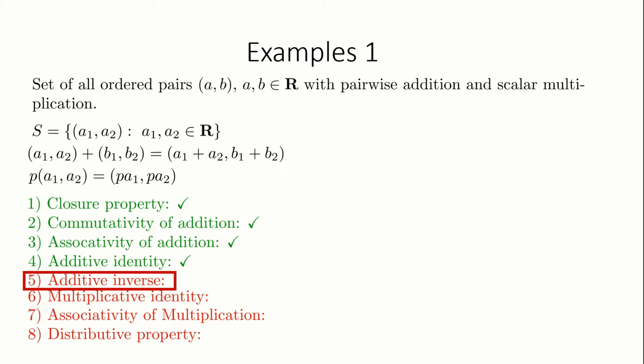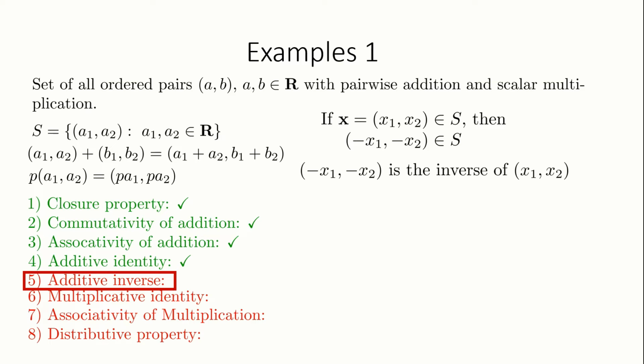Now we verify that each element of the set S has an additive inverse. Again, suppose x is an element of the set S, then the ordered pair with the inverted sign also belongs to the same set. Because x1 and x2 are real numbers, and therefore minus x1 and minus x2 are also real numbers, and an ordered pair of real numbers belongs to the set S. The ordered pair with the inverted signs is the additive inverse of x.